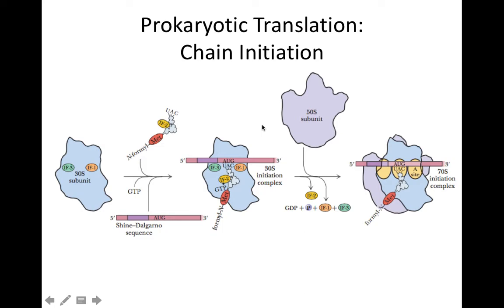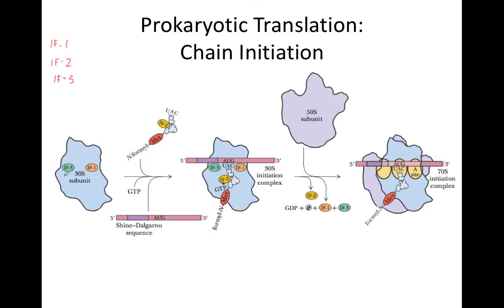Okay, so how do we start prokaryotic translation in prokaryotes? In initiation, we have to take note of three initiation factors, conveniently named IF1, IF2, and IF3, as in initiation factor 1, initiation factor 2, and initiation factor 3.